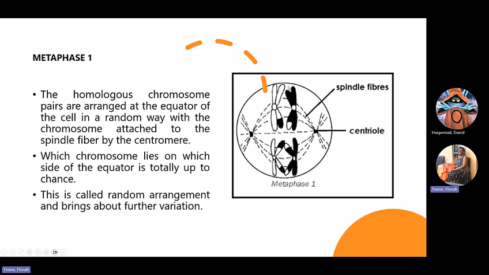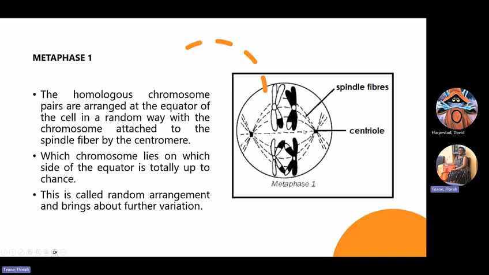Now, during the metaphase, one important thing that is happening is that these chromosomes, now a homologous pair, arrange themselves at the equator of the spindle. Okay, this is what we call the spindle fiber.